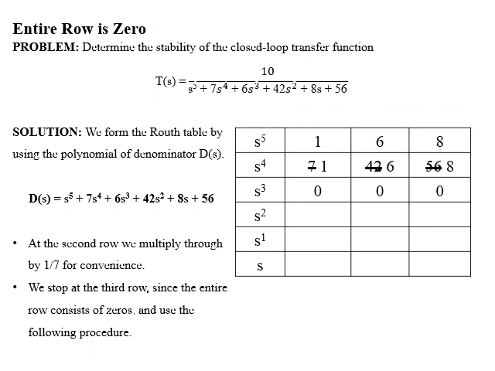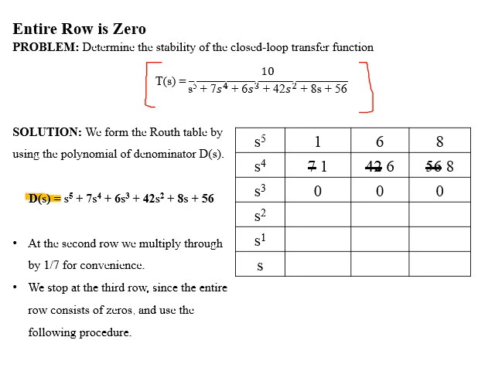Dear students, second case for Routh Hurwitz criteria is when entire row is 0. We will study this with the help of an example. For a given closed loop transfer function T of s, we have to determine stability of a system. We will form the Routh table using polynomial of denominator D of s.